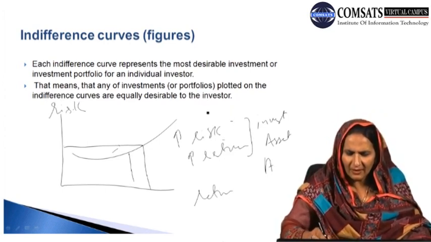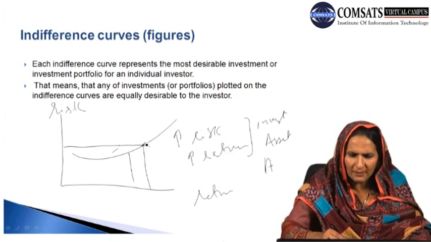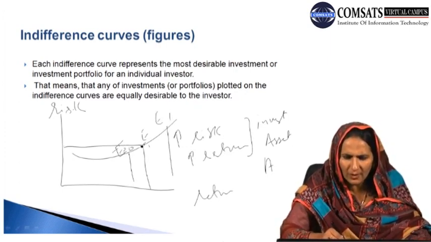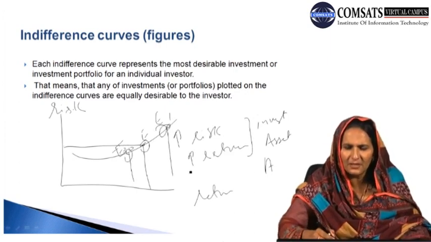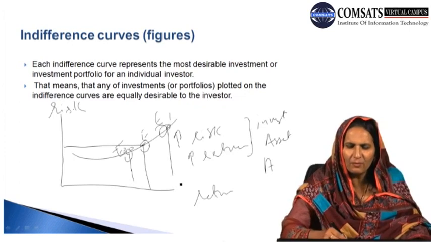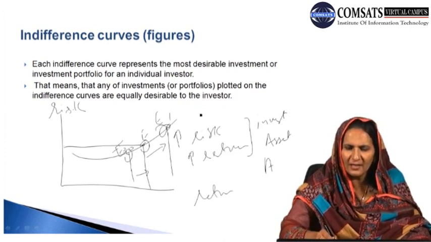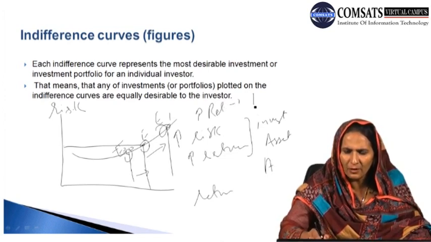Whether we choose combination E0 or another combination E1, these are equally desirable for the individual because they indicate positive return and risk. When we move from one combination E to another combination E1, we can find that an increase in the rate of return is likely to increase the risk.